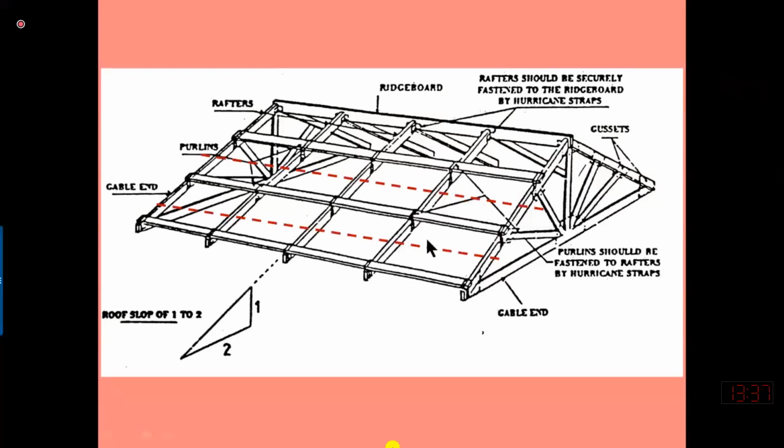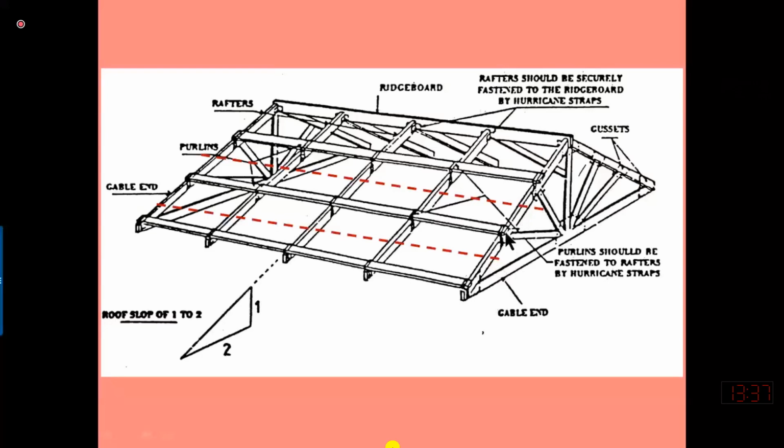It means that if a total UDL is acting on this roof sheet, I multiply it with the spacing of the purlin, which is equal to the panel length. Panel length is the horizontal distance between joints, or the projection of two consecutive joints. So half load is coming from half panel length on one side and half from the other side.